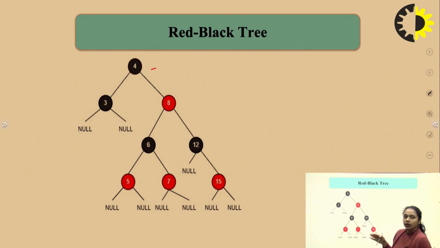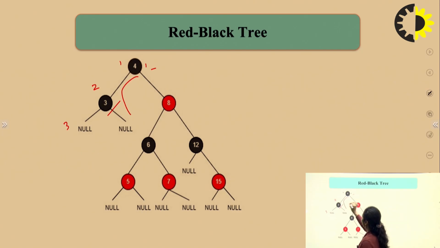Next we come to the depth property. If I consider this particular path, this is 1, 2 and null is 3. So a total of 3 black nodes are there. If I consider this path, again 1, 2 and 3, a total of 3 black nodes. If I consider this path, then 1, 2 and 3.